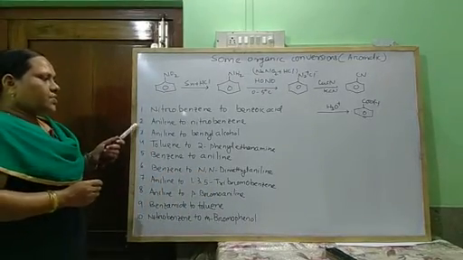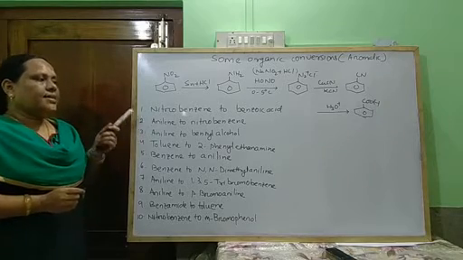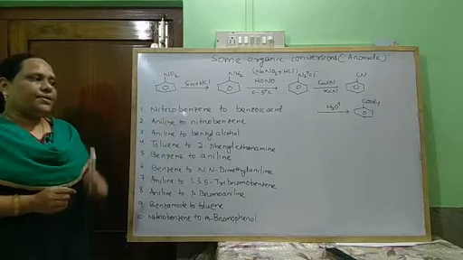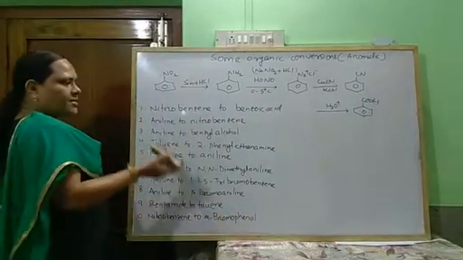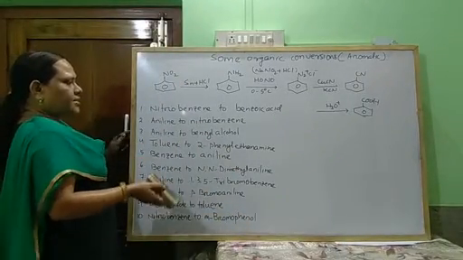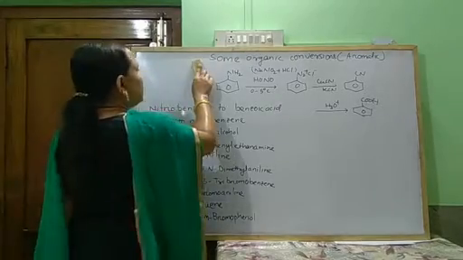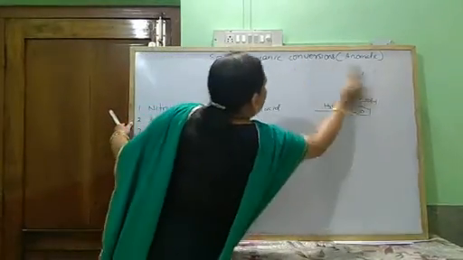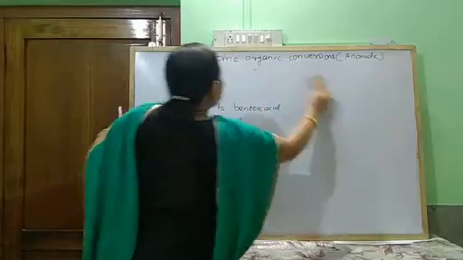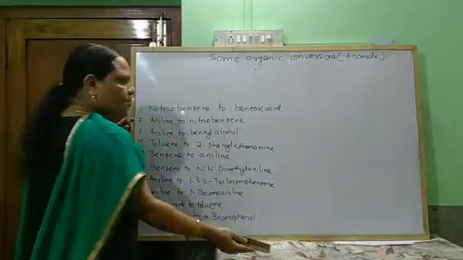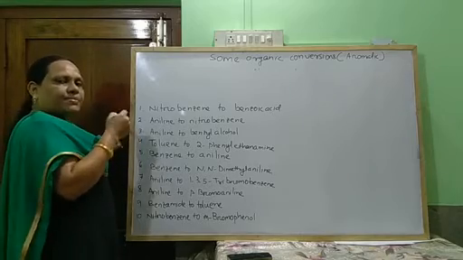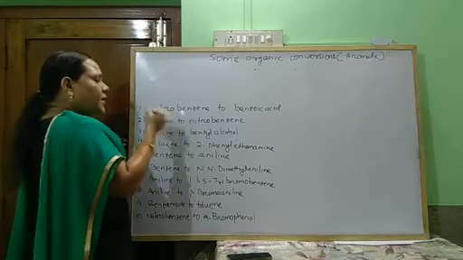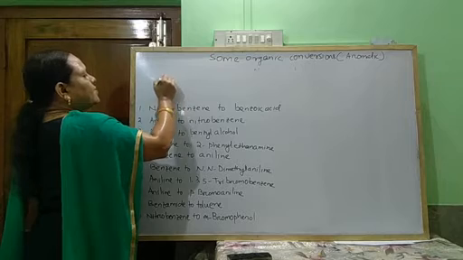Next come to question number 2, that is aniline to nitrobenzene. So aniline to nitrobenzene, this is a very easy reaction. Nitrobenzene to aniline, you just reduce by tin and HCl. Then again, how can we get aniline to nitrobenzene?